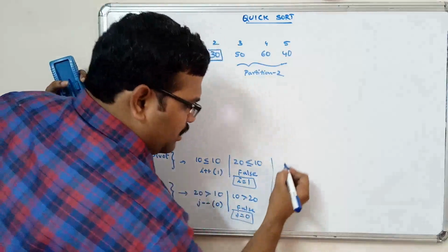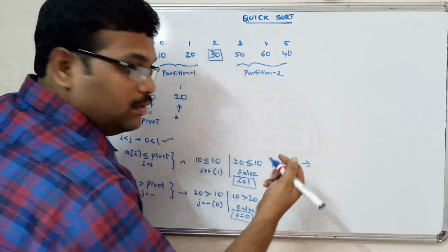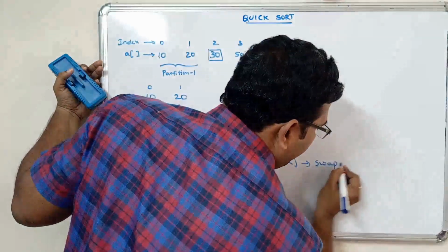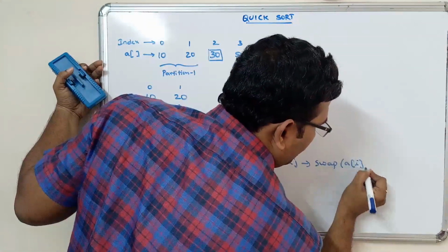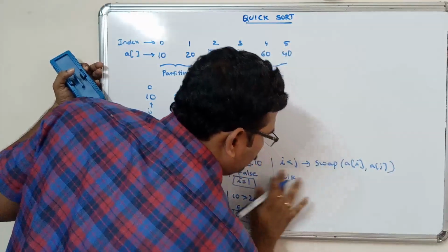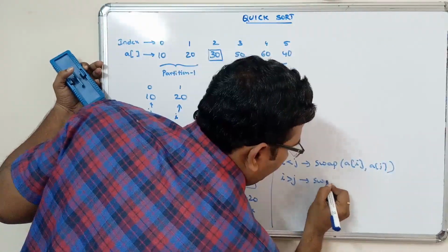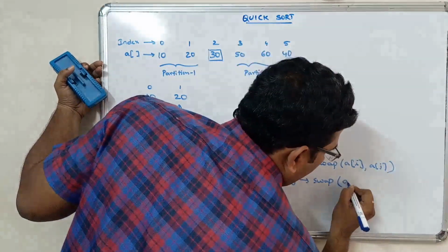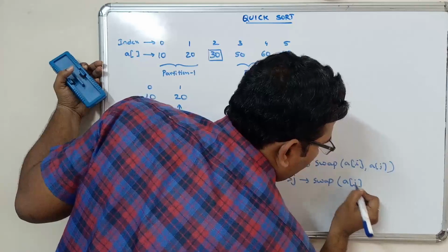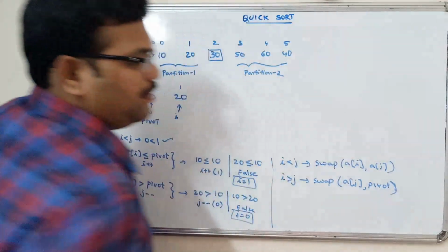Here, if you observe, if I is less than J, then what we have to do? Swap A of I comma A of J. Else, we can write the condition, I greater than J, then swap A of J comma pivot, right?